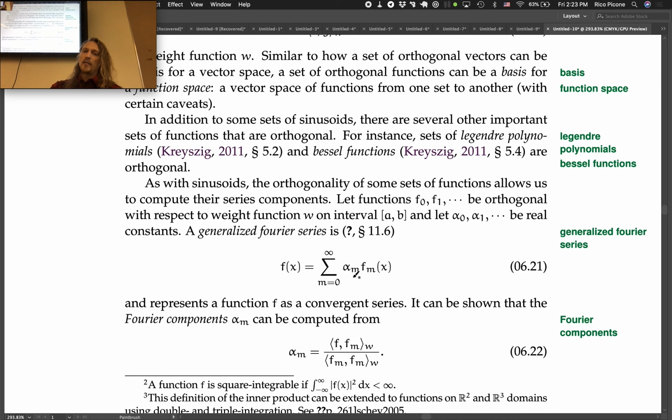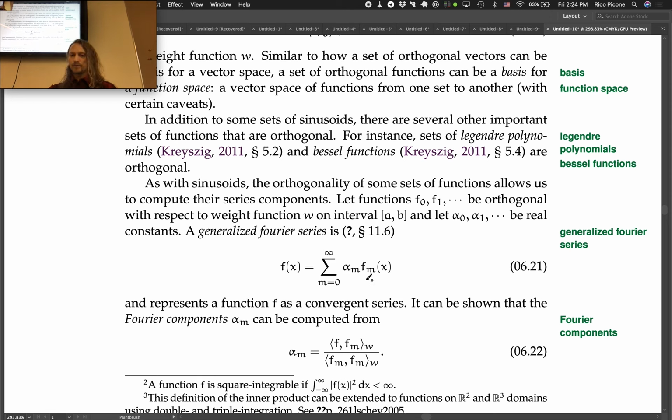So we sum the component or the coefficient multiplying the function associated with it. So you get a coefficient and a function, a coefficient and a function. Sum it up, and this represents a function f as a convergent series.